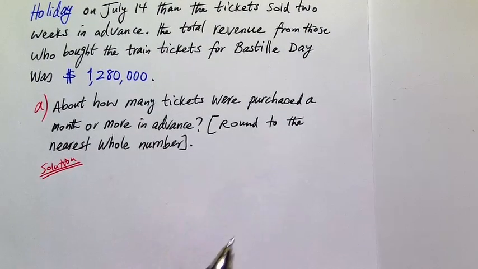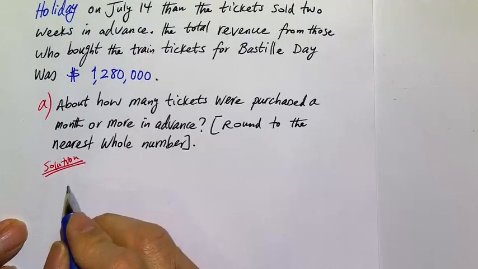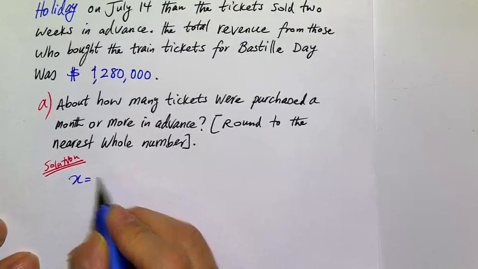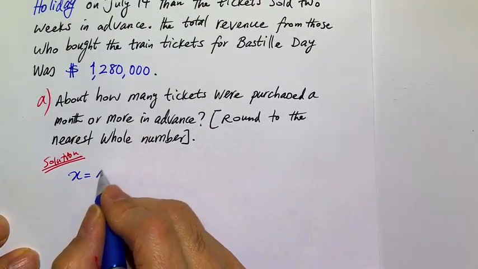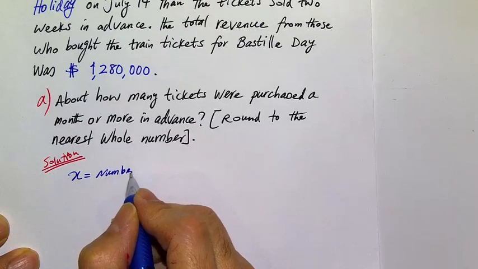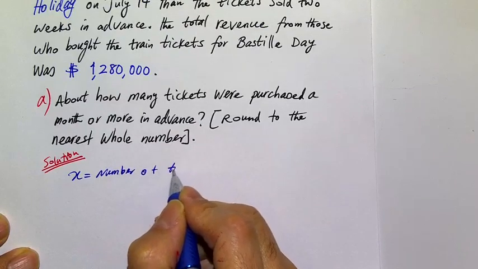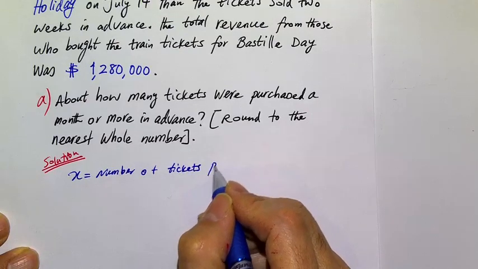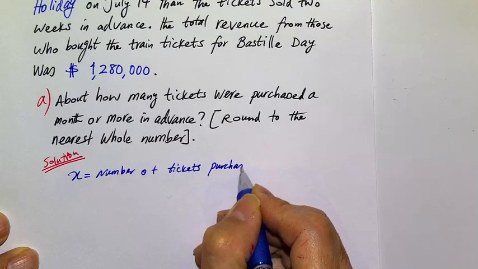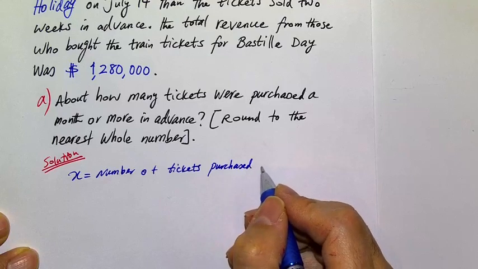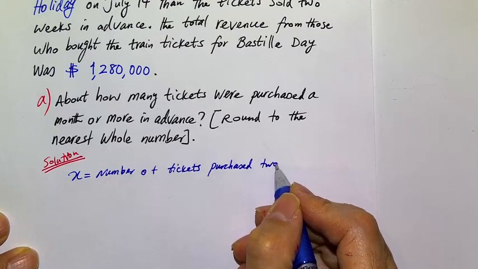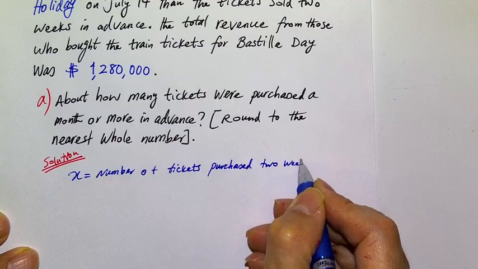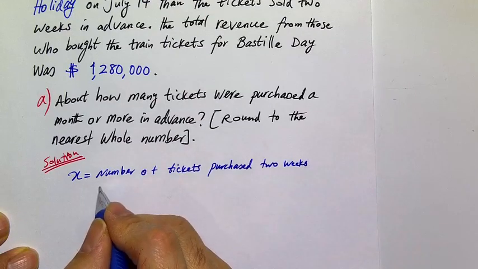I'm going to pick them to be X and Y in this case. So X is the number of tickets purchased, let's make this one 2 weeks in advance.